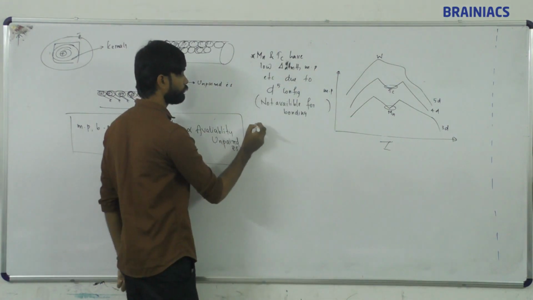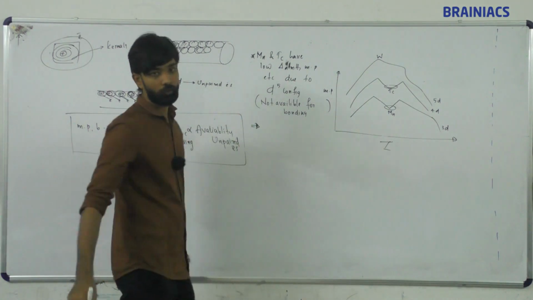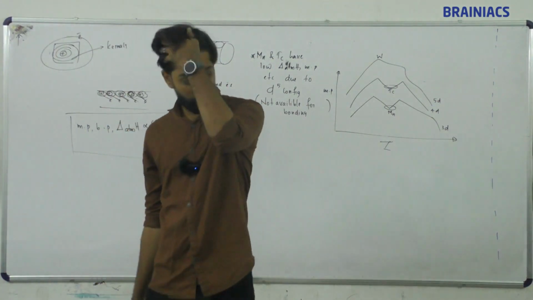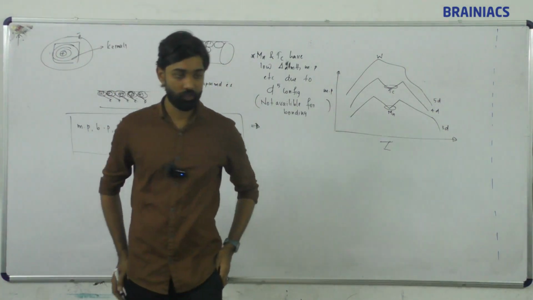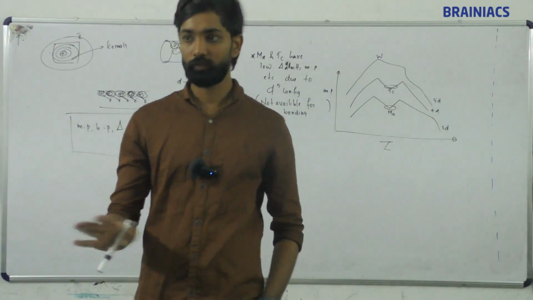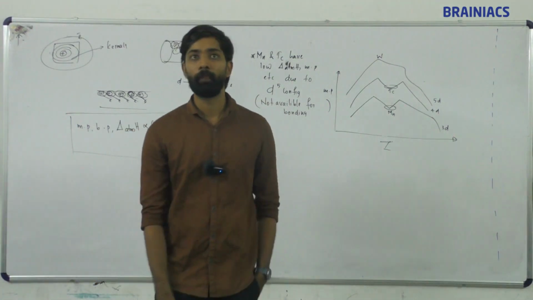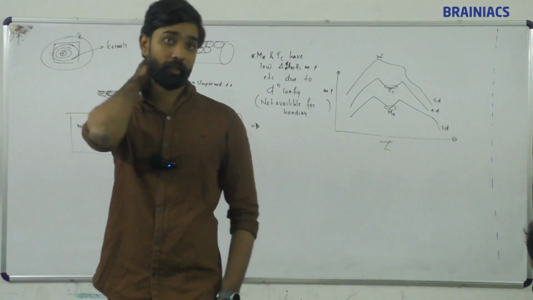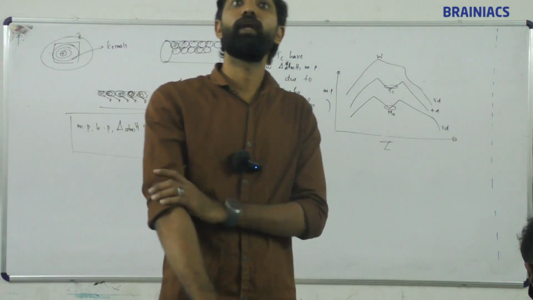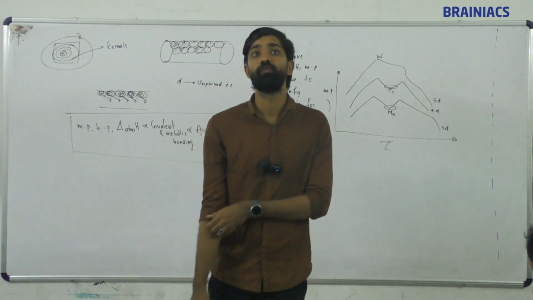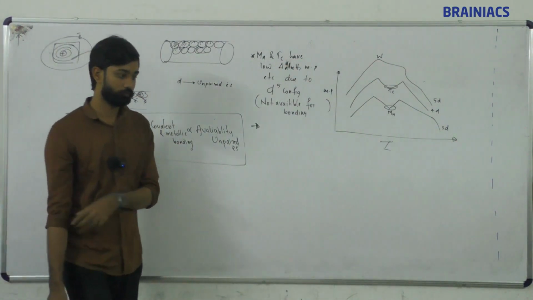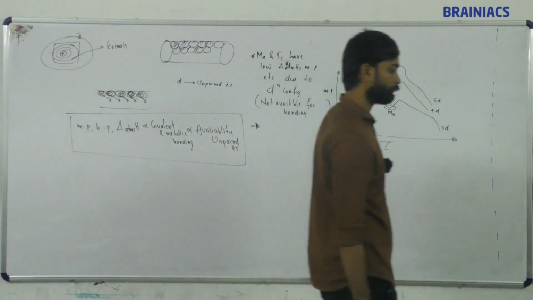So next point, on down the group, MP increases. In brackets, greater the size, greater the availability of free electrons, greater the metallic bonding.